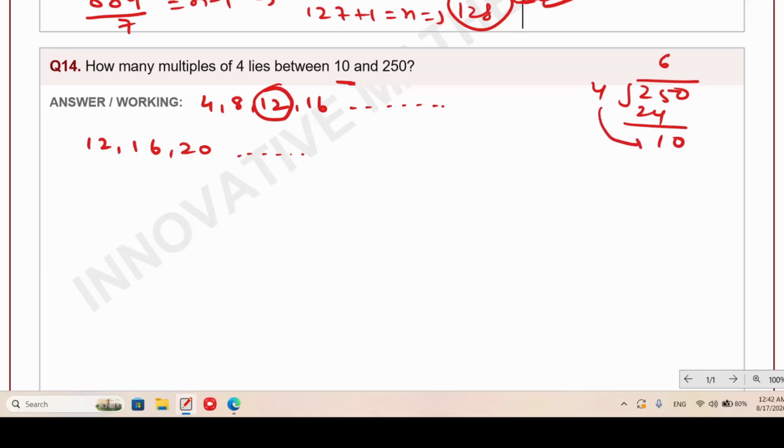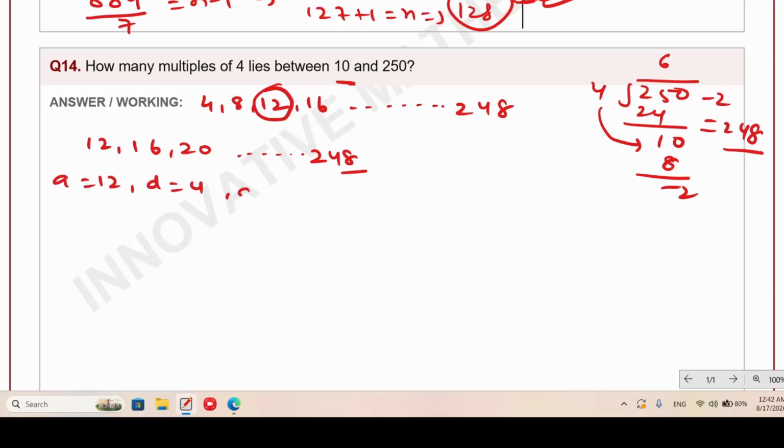When would it be divisible? If this were 8, it would go, meaning 4 2s are 8. If I make it 248, then it will be fully divisible. So this is 248, right? So A is equals to 12, D is equals to 4, An is equals to 248.